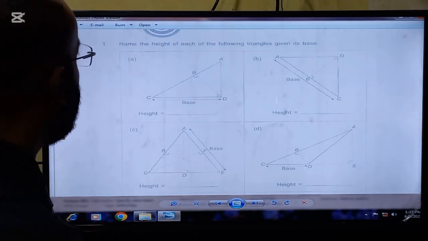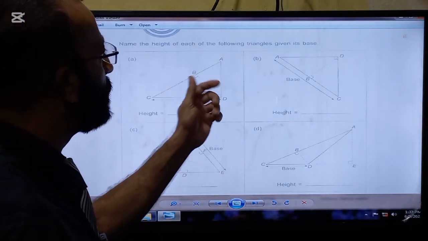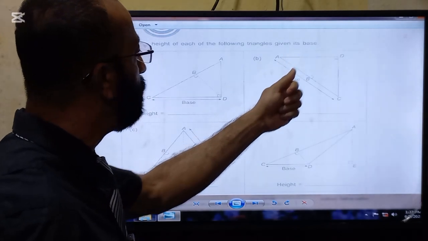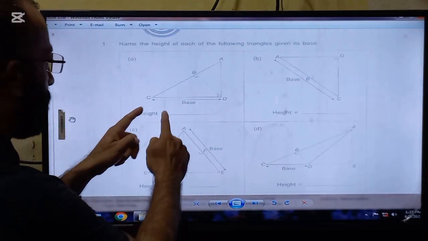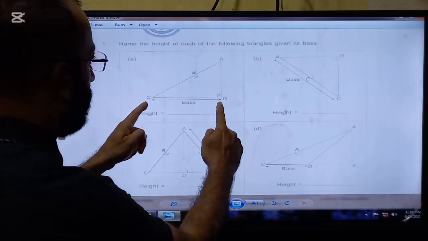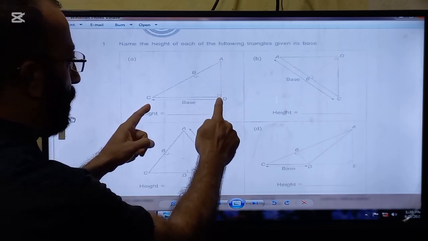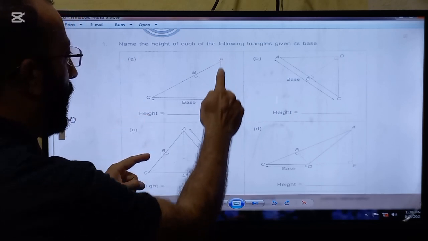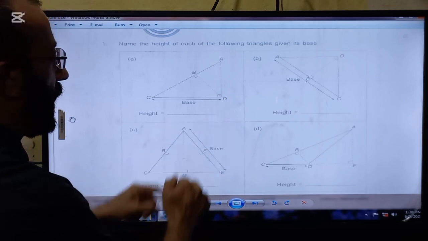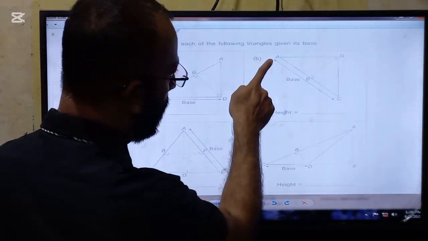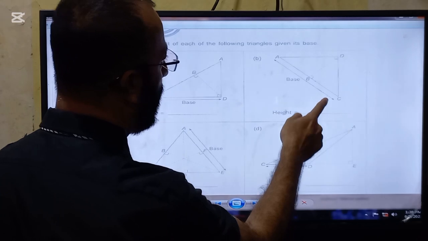Here are some questions. Name the height of each of the following triangles given its base. In A part, this is the base given. AD is perpendicular to this side, so AD will be the height. AD is the answer. In B part, AC is given as the base.